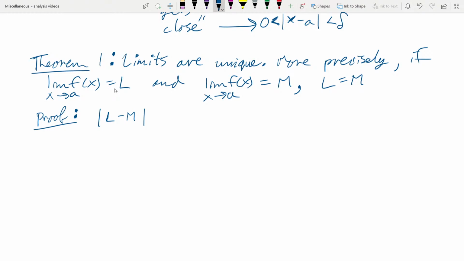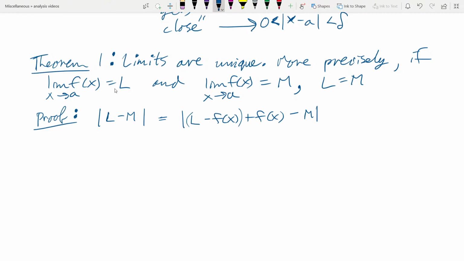Another trick, which is used time and time again in analysis, is to add and subtract the same quantity. This is going to seem a little strange at first, but just bear with me. If I were to add and subtract f of x in the middle here, sorry, that should be an m, not an L. Add and subtract f of x in the middle here. I now want to use a third technique, which is just ubiquitous in analysis, and that's the triangle inequality.